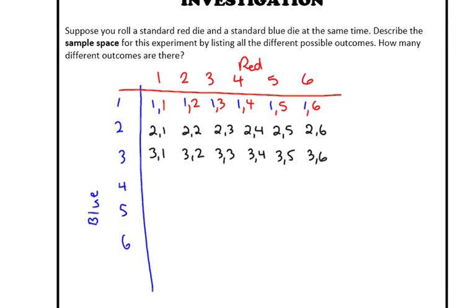Question, is 3, 3, remember the colors are different, right? So one's going to be blue, one's going to be red. And you only see it once, because 4, 1, 4, 2, 4, 3, 4, 4, 5, 6.